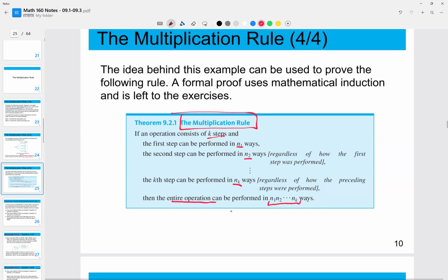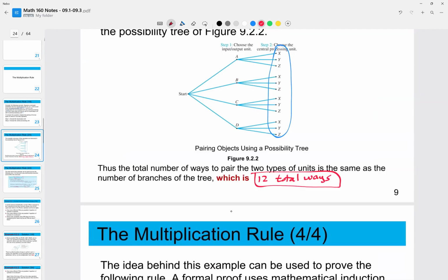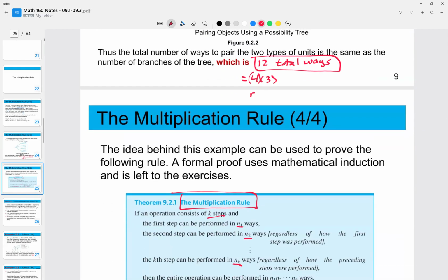So in this problem, I had four ways and then three ways, so the total number was just 4 times 3. In the notation, that would be n1 and n2.